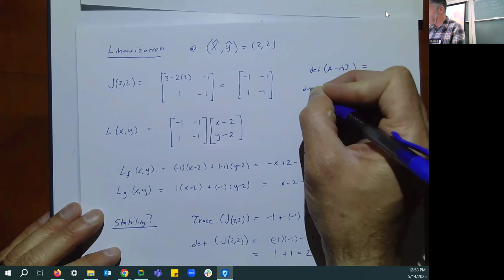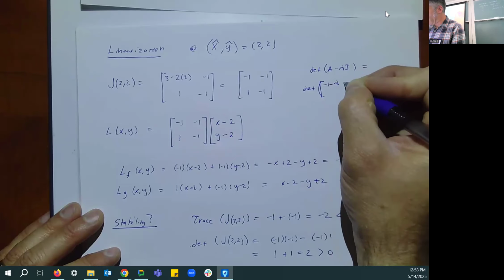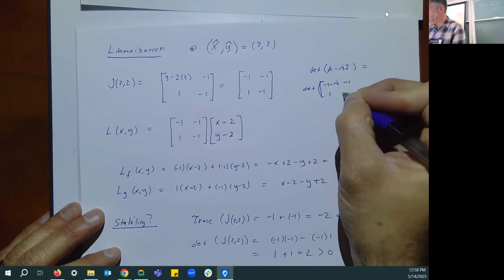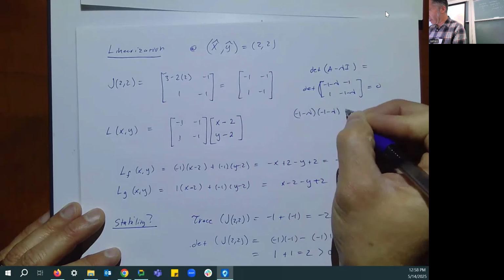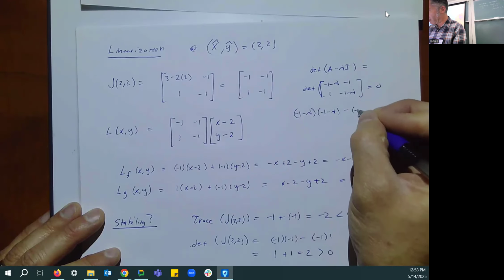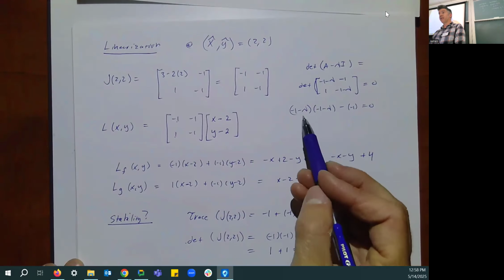the determinant of -1 minus lambda, -1, 1, -1 minus lambda, and then set that equal to 0 and get, check this out, -1 minus lambda times -1 minus lambda minus -1 times 1 equal to 0. And here's another example of where you shouldn't multiply it out because those two things are the same.